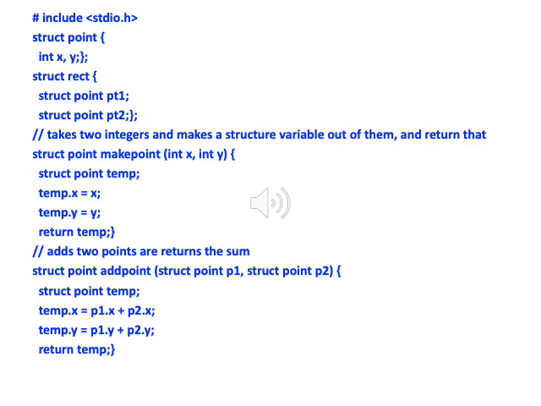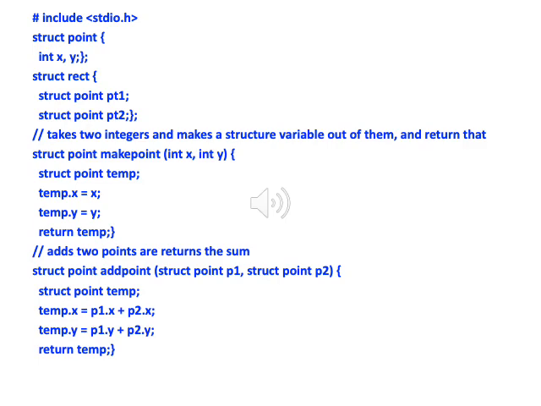So temp.x, the x component of temp, is equal to the int x, and then temp.y is equal to int y. Now our temp structure variable is loaded, and we can return that temp value. So this is one function.